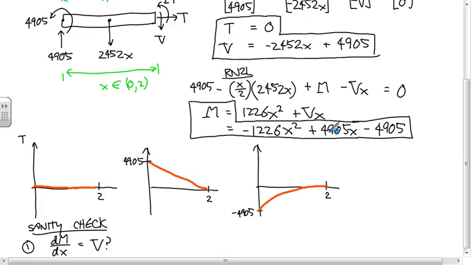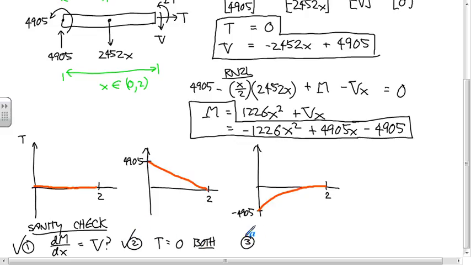Derivative of this is 4905. Derivative of this is 0. So that holds. What endpoints do we expect the internal tension to be 0? Are there horizontal point forces at either endpoint? Nope, so they should both be equal to 0. At both endpoints it should be 0, and we have that.